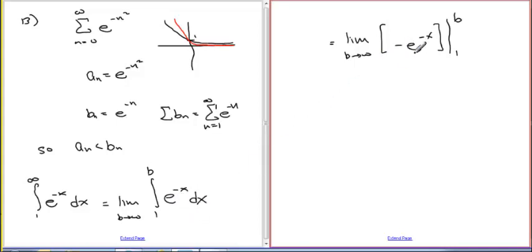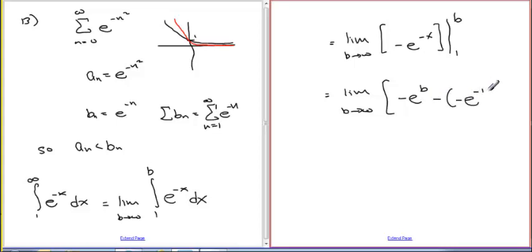We did a problem similar to this before. So now we plug in the limits. We get minus e to the minus b, and then we subtract minus e to the minus 1 power.